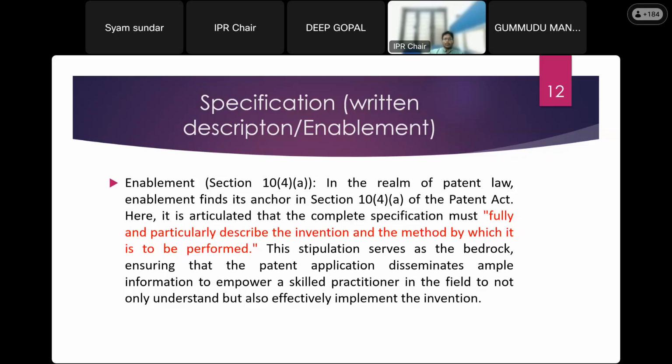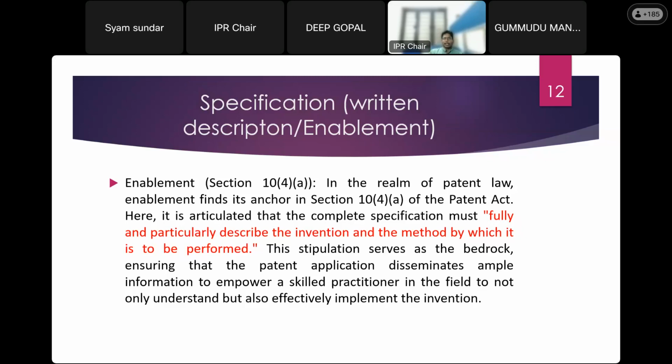He will check novelty, inventive step, and industrial application, and also he checks non-patentable subject matter, and he will also check the specification, whether you have written it properly or not. Whether the enablement requirement is there, or the written description requirement, did you disclose sufficiently? Sufficiency of disclosure, that is what it is called. So if all the requirements are satisfied, then only you will be given the patent.